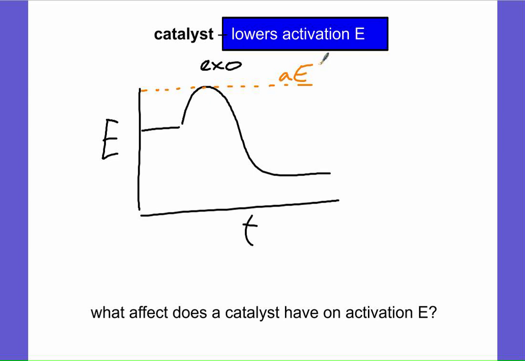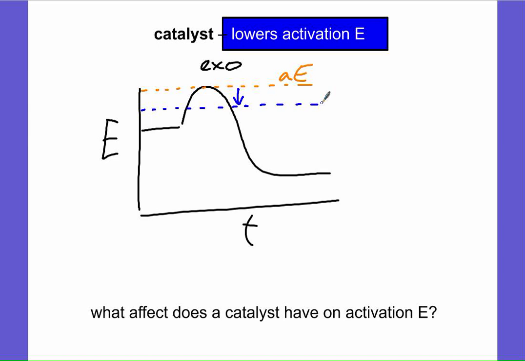What a catalyst is going to do for you is lower that activation energy. So instead of needing to get all the way up to this current line, I'm going to lower that activation energy, so I only really need to get to here. I just randomly chose a new energy level, but it's lower than that original activation energy.